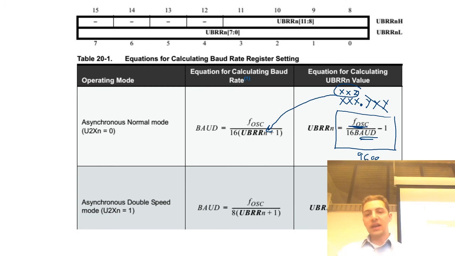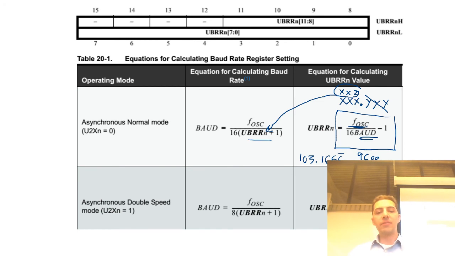All right, so what I get here is 103.166 repeating. So I have to choose, do I go with 103 or 104? Well, I'm only a little bit over 103. I round down to 103.